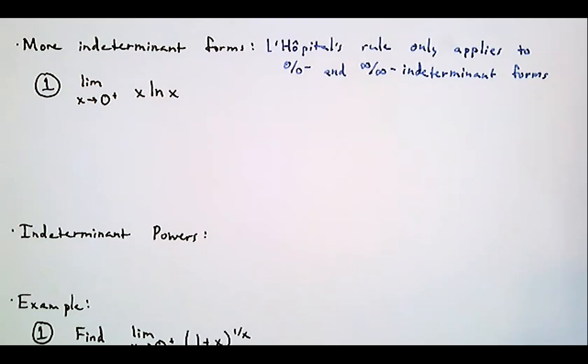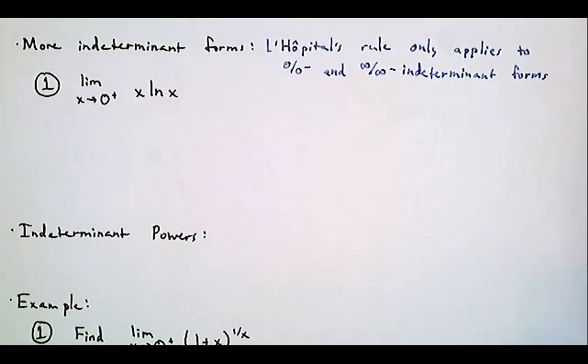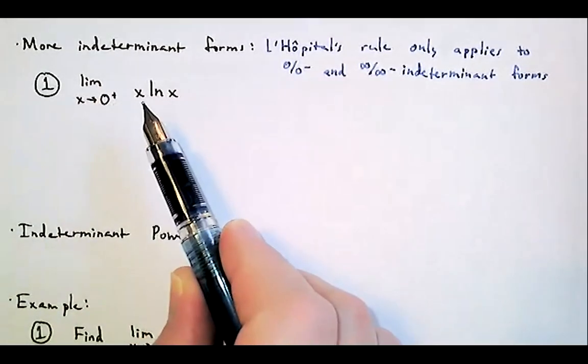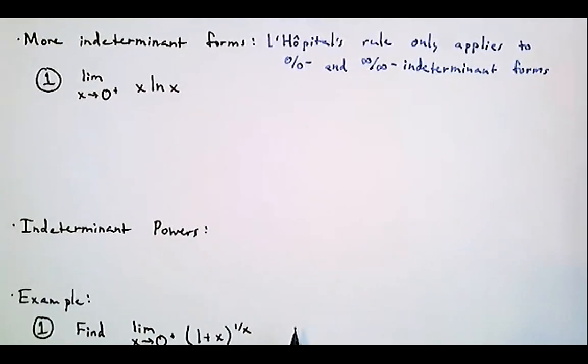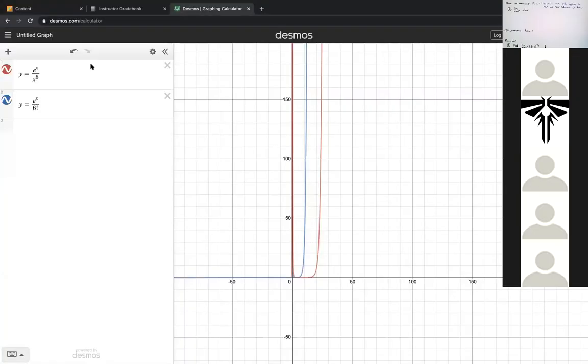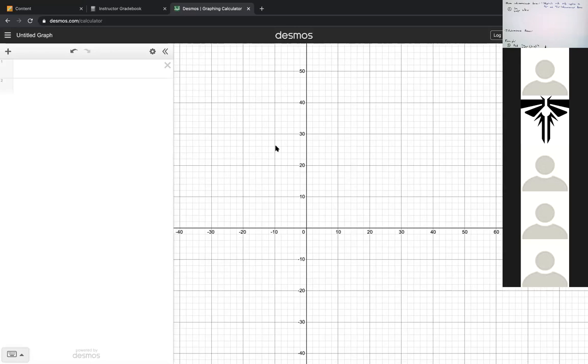So let's take a look at a couple of those other indeterminate forms. This one is a limit as x goes to 0 from the positive side, and we have x times the natural log of x. And since we already have a graphing calculator open, let's just look at both of those functions so that we can tell what is happening.